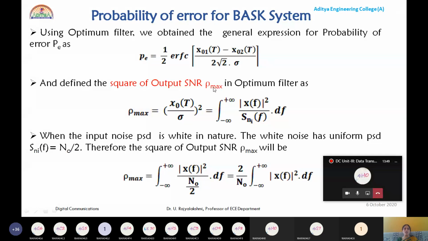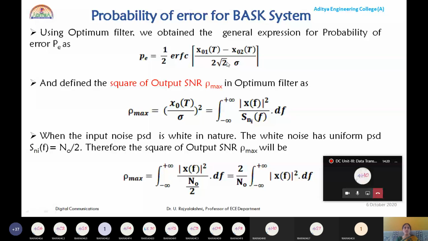I already told you many times that the square of the output SNR should be maximized to reduce the probability of error. So the square of the output SNR, rho max, is considered and maximized. The expression for that is simply (x01(t) minus x02(t)) divided by sigma, whole squared. Here we considered the numerator as the change in the output signal, that is, the change in the output signal levels.